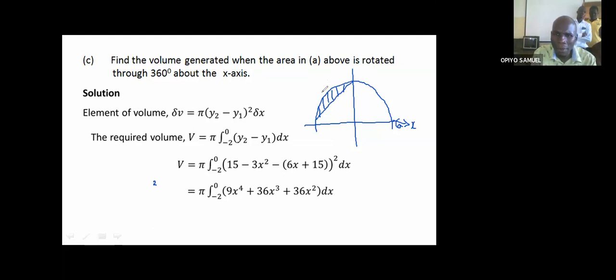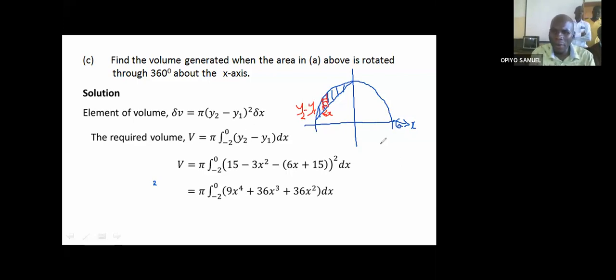When we take a strip here, let me use red pen, this red color. Then the width is going to be delta x. Meanwhile, the length is still going to be y2 minus y1, where y2 is the equation of the curve and y1 is the equation of the chord.